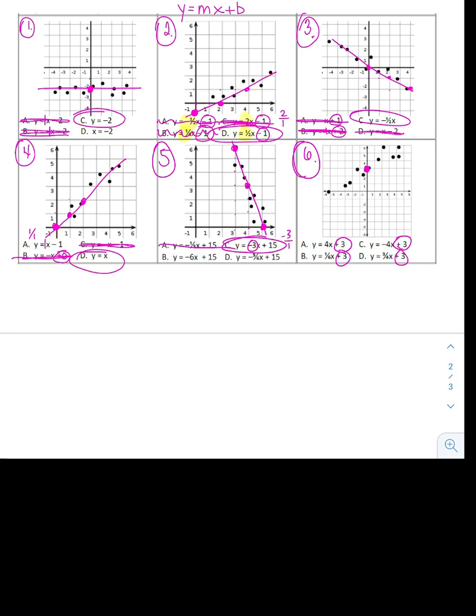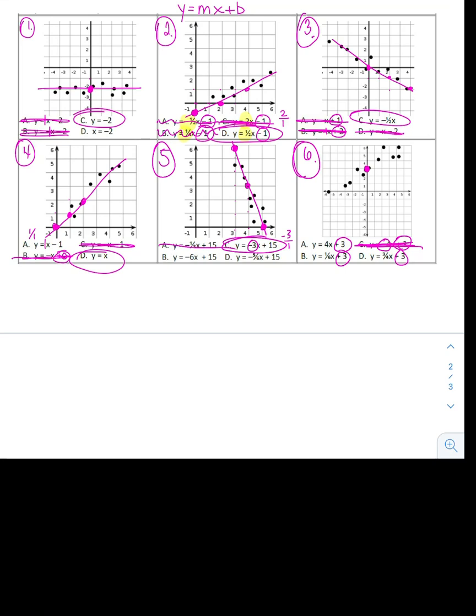So it looks to me like my choice is now going to be based on my slope. Can I eliminate anything based on the slope? Well, look at this one. That's the only negative one. Do these dots go down or do they go up? Well, they go up. A negative slope would mean they go down, and that's just not true.